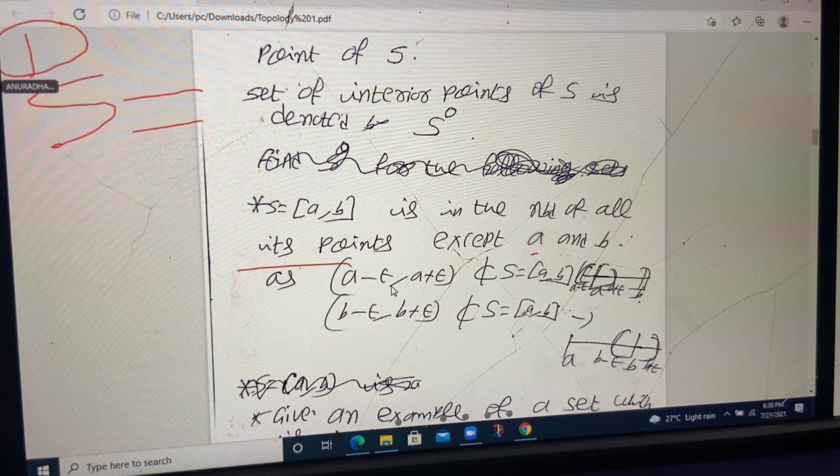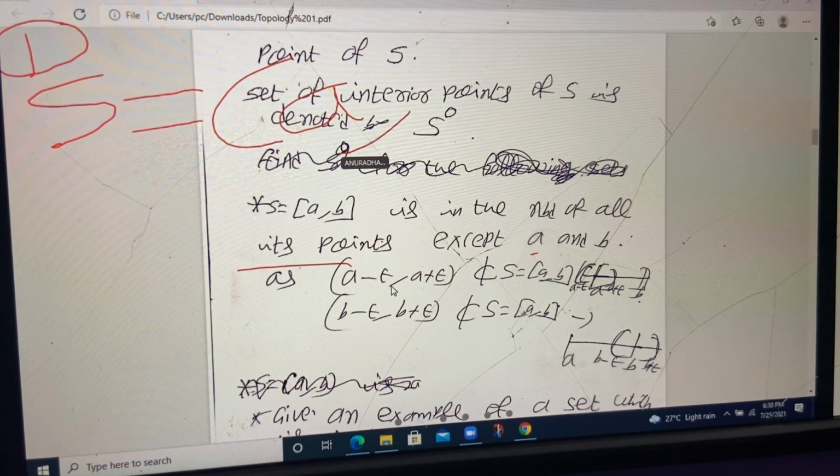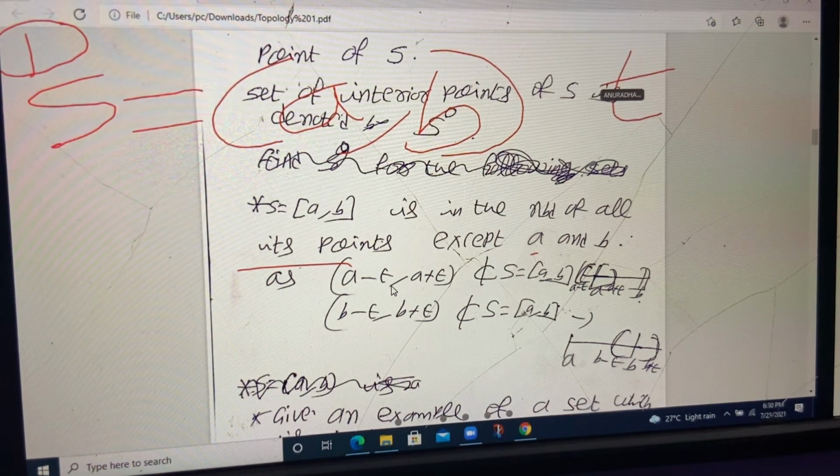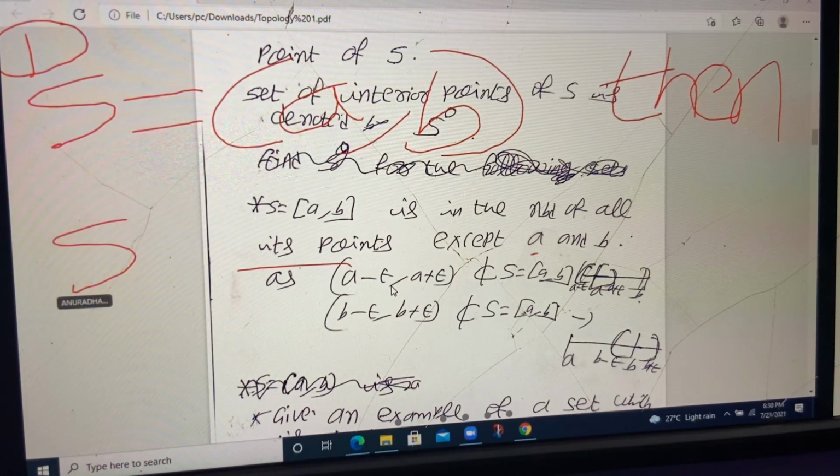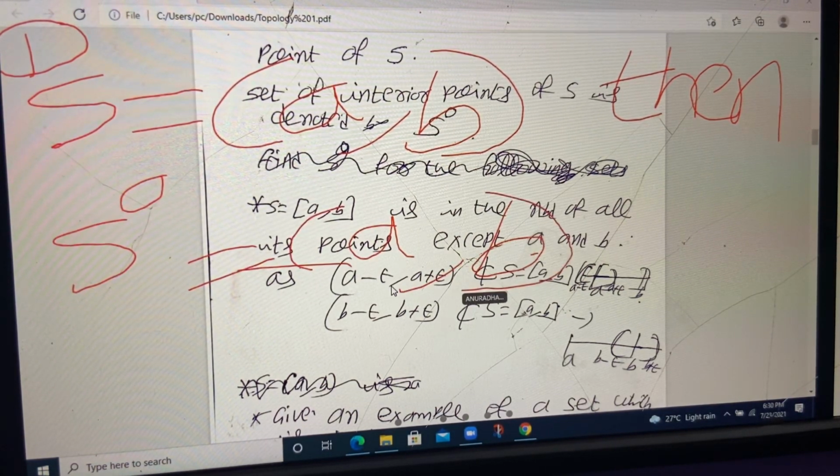You have to take down the notes. If S is equal to (A, B), an open interval, then every point inside is interior. So S equal to (A, B), then S interior is (A, B). For an open interval, every point is an interior point, so S interior is also (A, B).